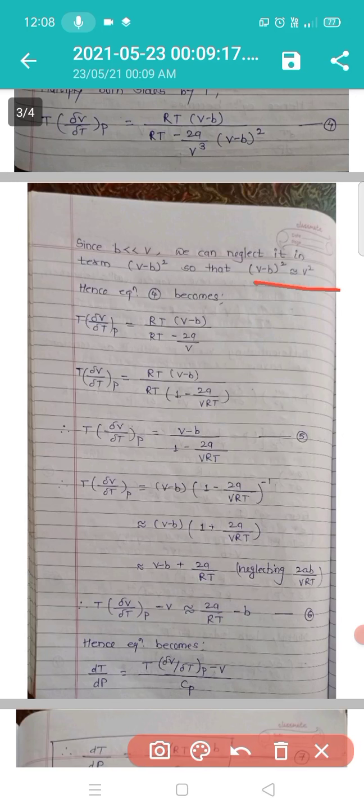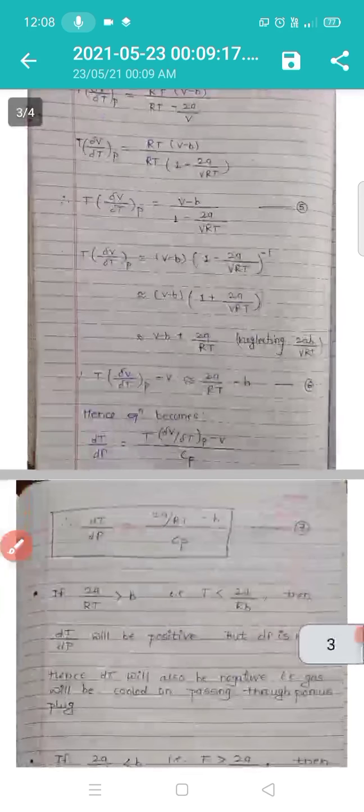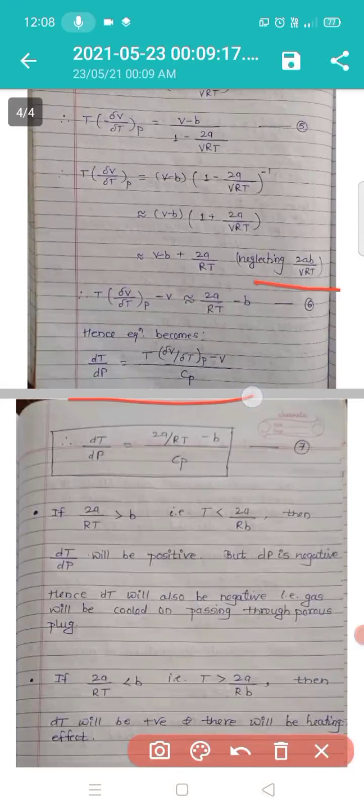Hence the equation becomes ∂T/∂P is equal to T into ∂V/∂T at P. Now put the value of ∂V/∂T at P minus V, which is 2a by RT minus b.